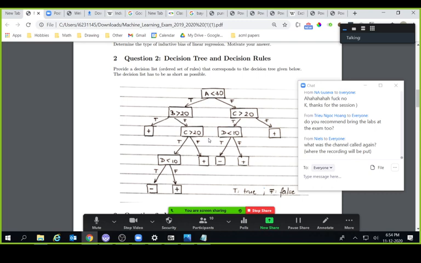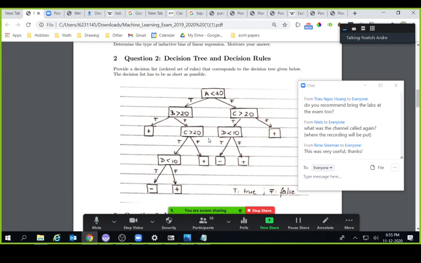Can we just say that if it's smaller than 10, then it's false? Well, yeah, but D could be blocked by C, for example. If C is bigger than 20, it doesn't matter what D is, because it could already be blocked. So D could be like 20, and C could be 30, and it would still be true, still positive.